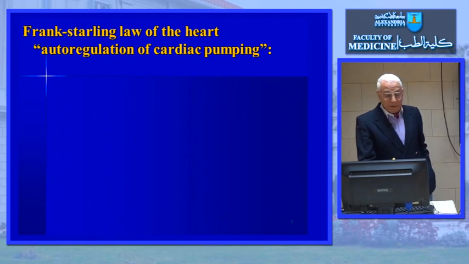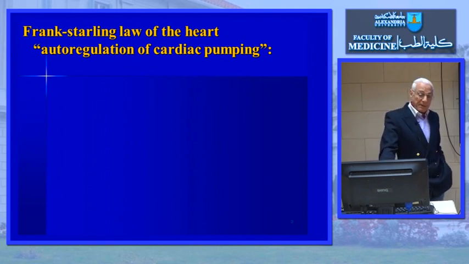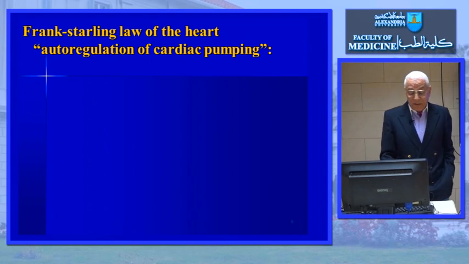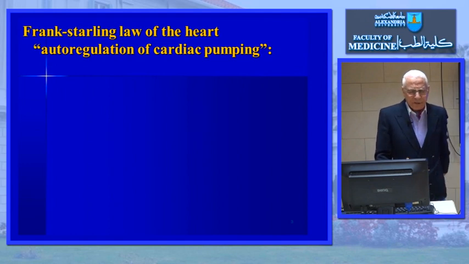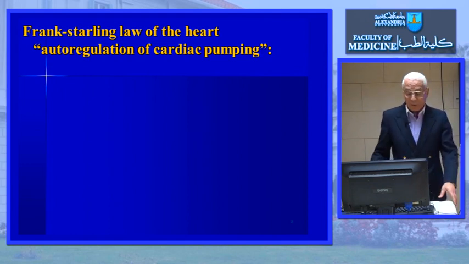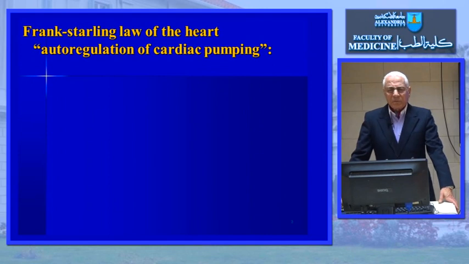Also, two physiologists, Frank and Starling, observed a good relationship between the initial length of the fiber and the strength of contraction. Regarding the heart, we modify this definition and say there is a positive relationship between the end diastolic volume of the ventricle and the strength of contraction.